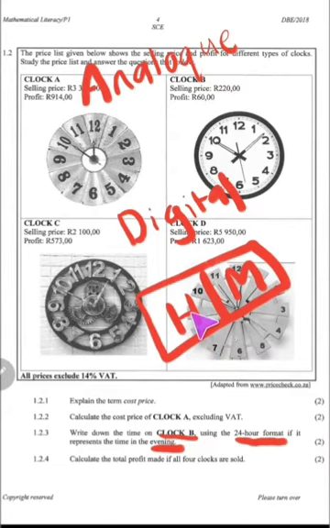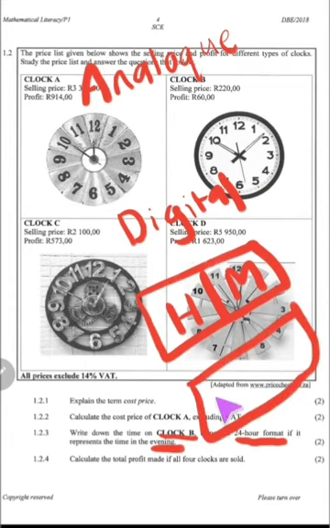So you have the hours and you have the minutes. Let me make it more clear. So you might see something like this: 01:14, which is 14 minutes past 1. So that's a digital clock.